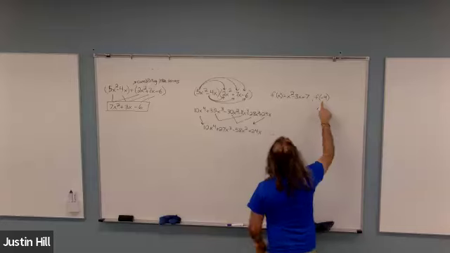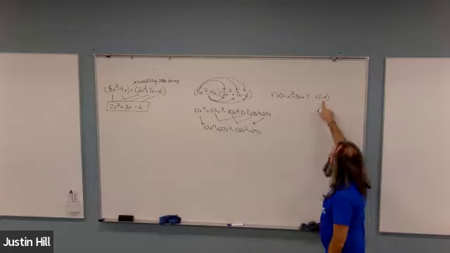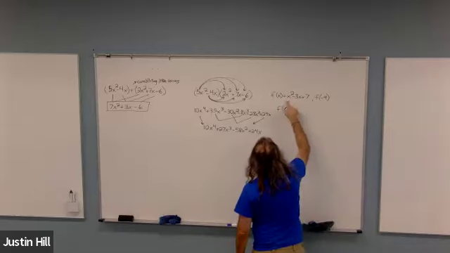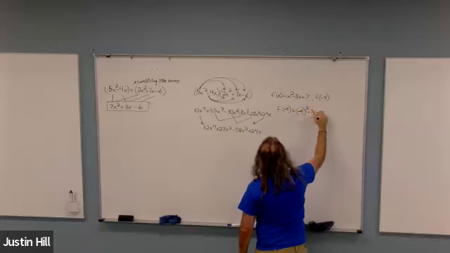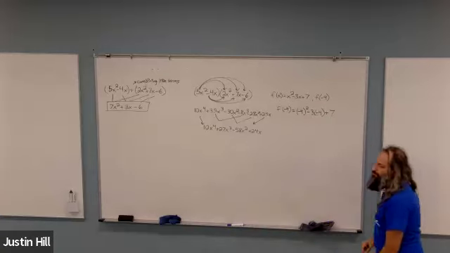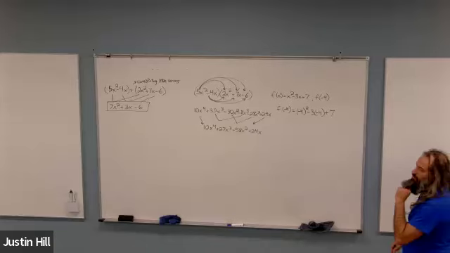Yeah, they're literally replacing x with -4. So plug in -4 for x. It's -4 squared, it's 3 times -4 plus 7.